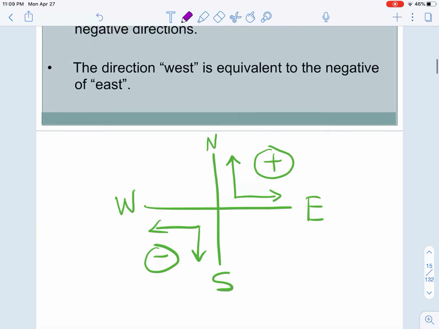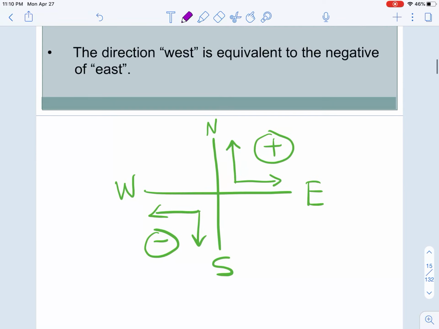And when we use directions, we actually consider going north or going east a positive, and going west or south a negative. So if you were going east and you turned around and started going west, that would be negative. If you were going north, turned around and went south, that would be negative.